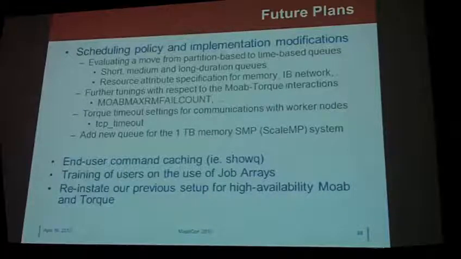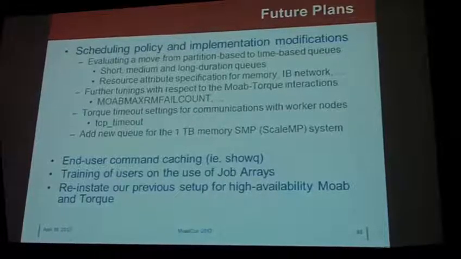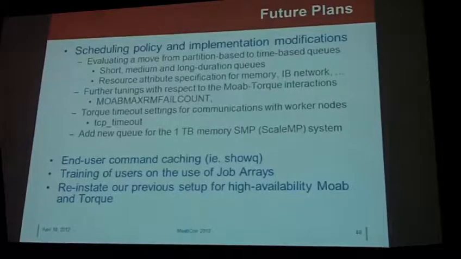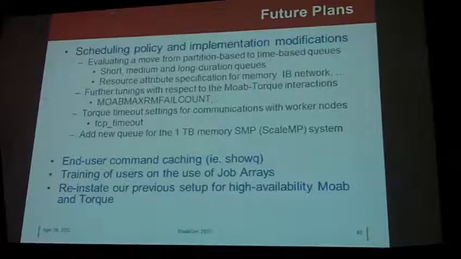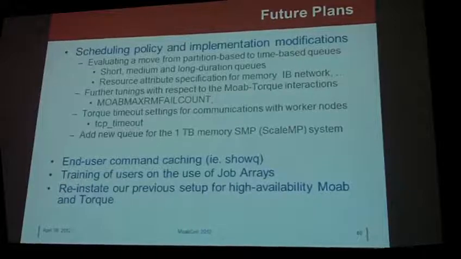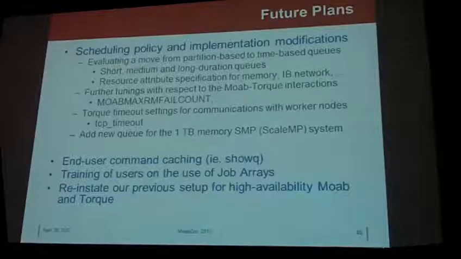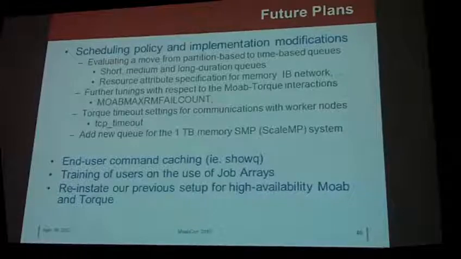We want to look at other fine-tunings on how the Moab Torque communication process is happening. Sometimes we've seen the process communication fail, so one of the parameters that's relatively newly available is RM fail count. So we want to try out and see if that is applicable for us, as well as the TCP tunings between the clients, meaning the PBS moms, and the servers.